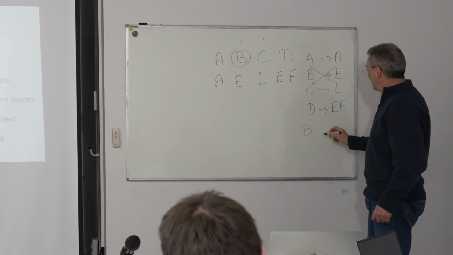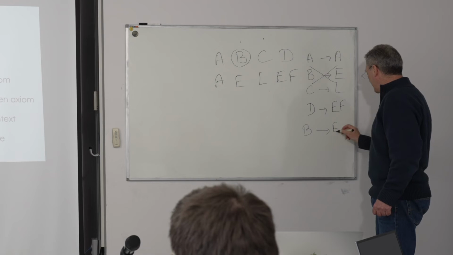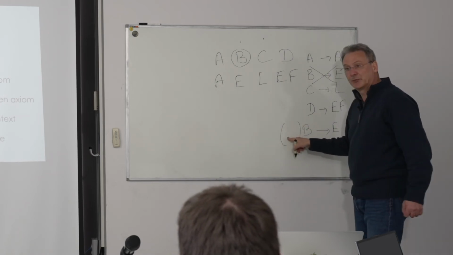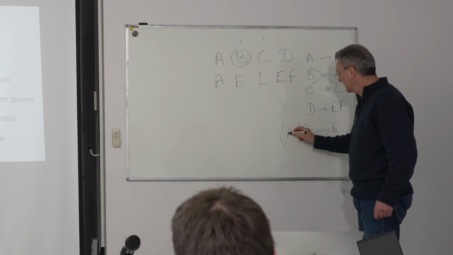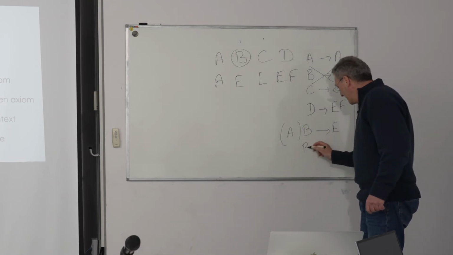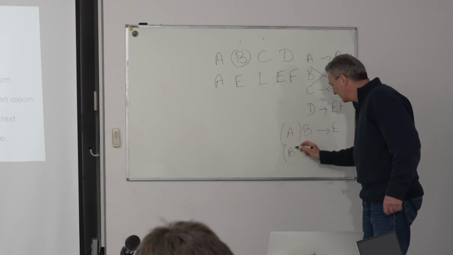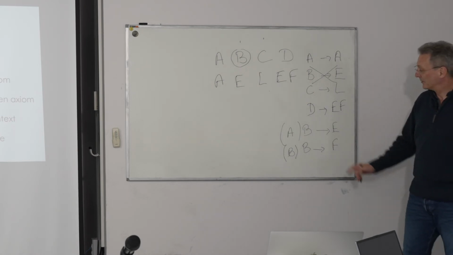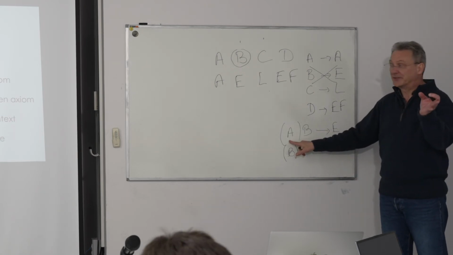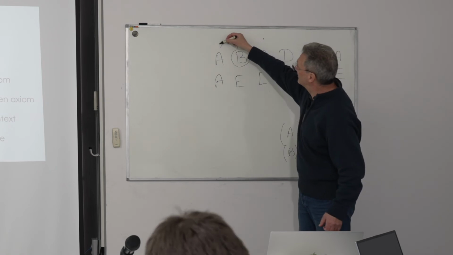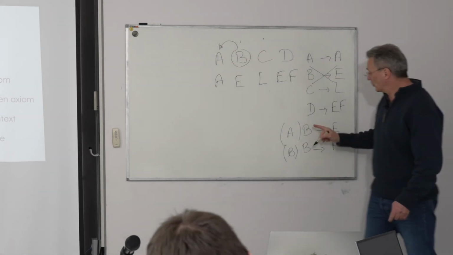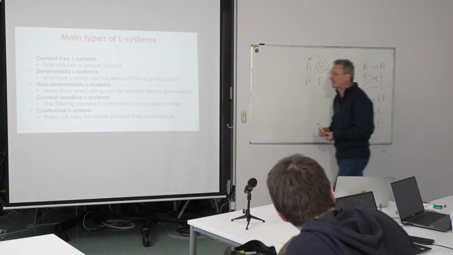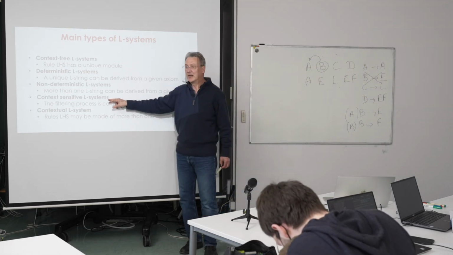I say a B becomes an E only if what precedes the B is an A. But if there is a B before, a B becomes an F. So depending on the left context, so depending on what is on the left of B, the rule that will be applied won't be the same. So this is called a context-sensitive L system.